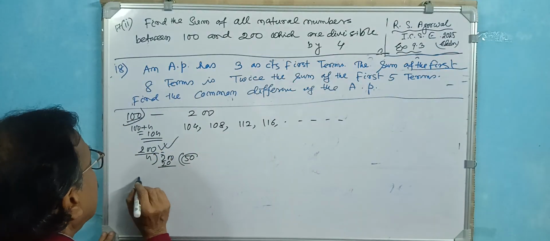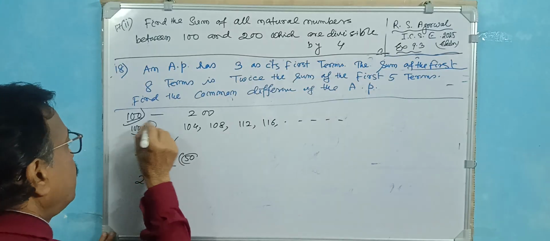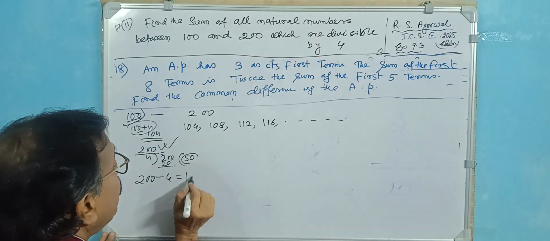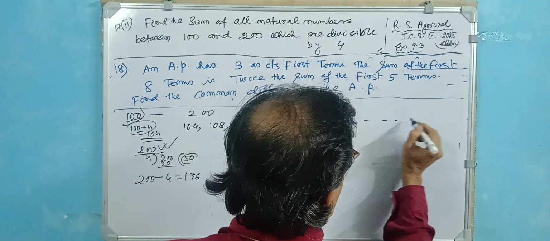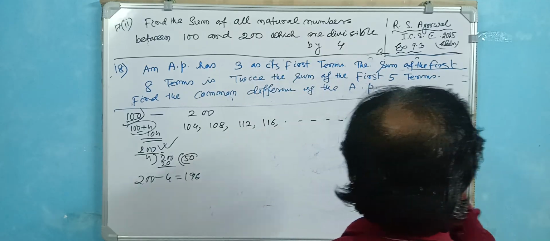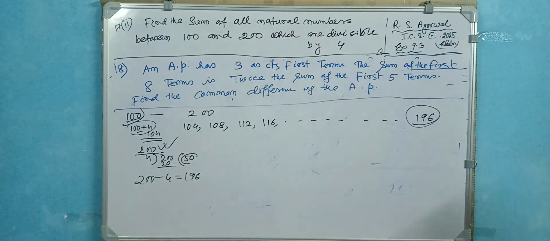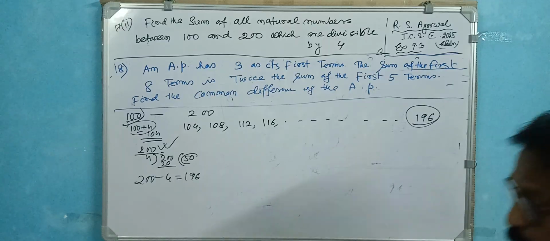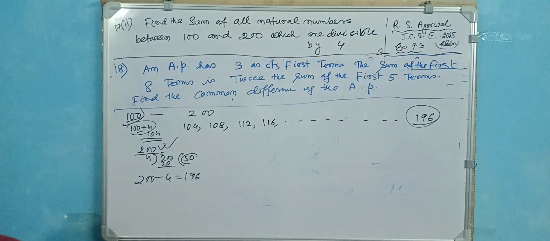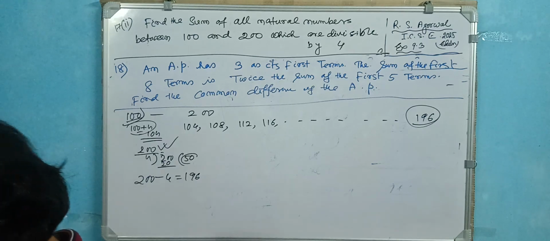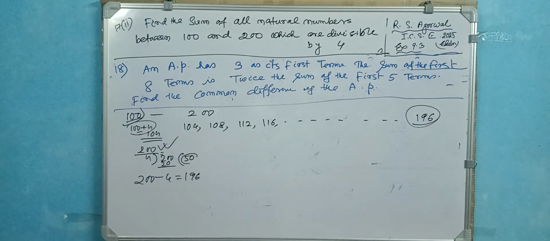So what is the last number? Here you add 4 to reach 200, here you subtract 4: 196. So this is the value of the last term. Okay, it's clear.